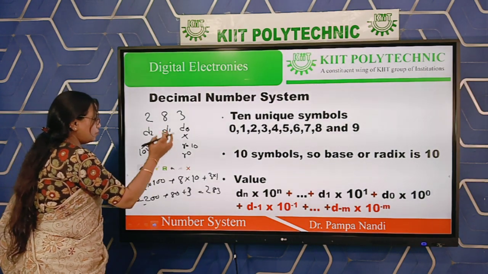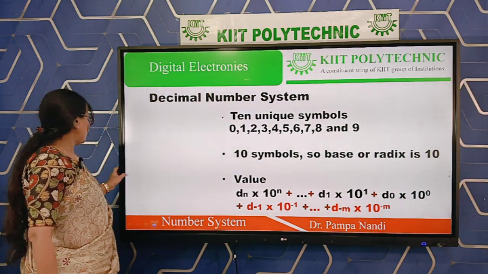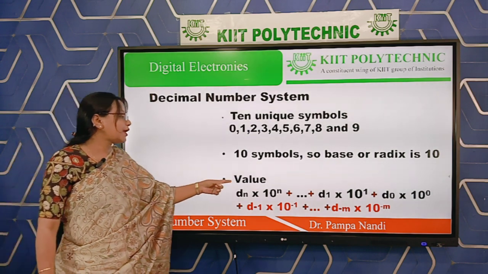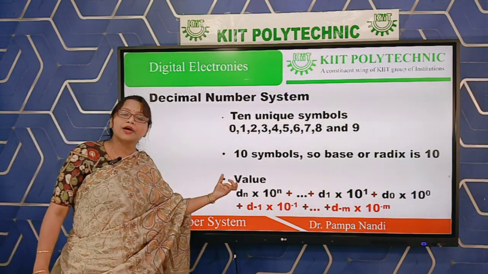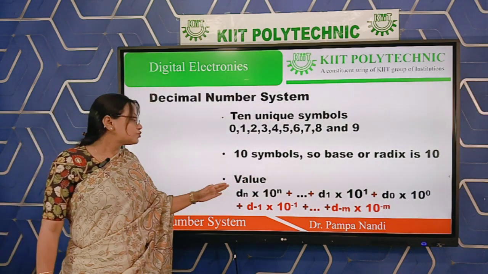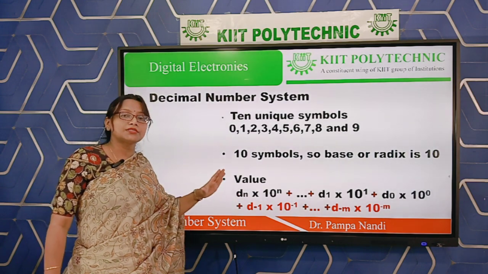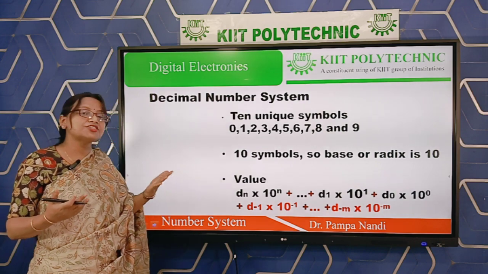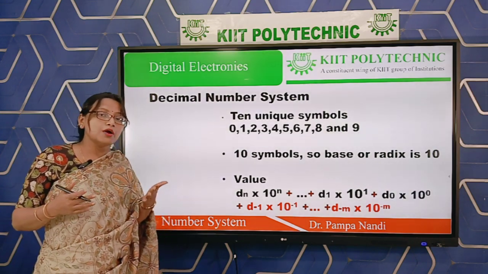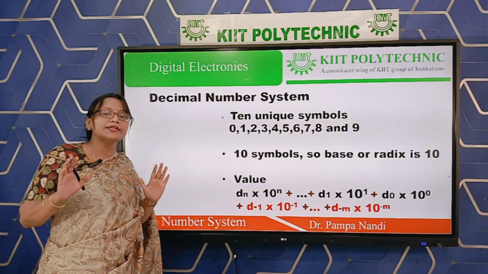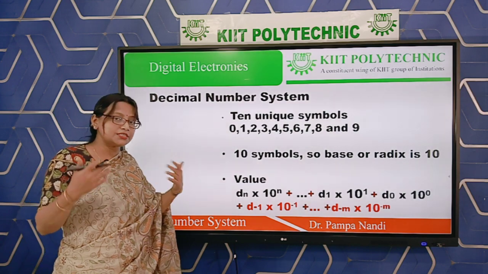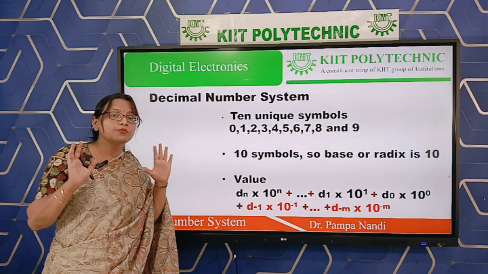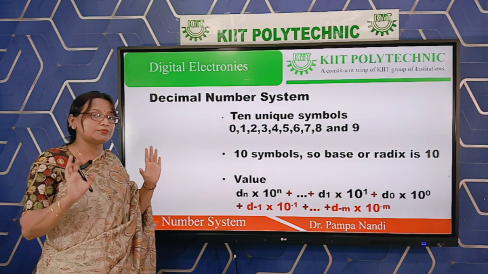Okay, let's go to other number systems. Keep in mind that when I discuss the different number systems, I am using the term value. We humans, from ancient times, are conversant with the decimal number system. We cannot imagine any other number system.